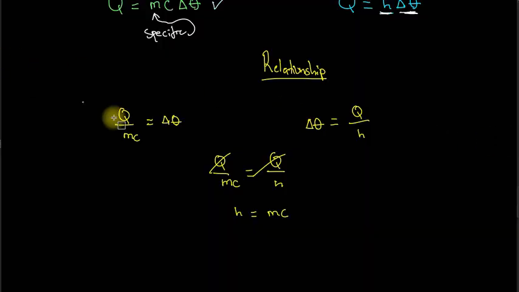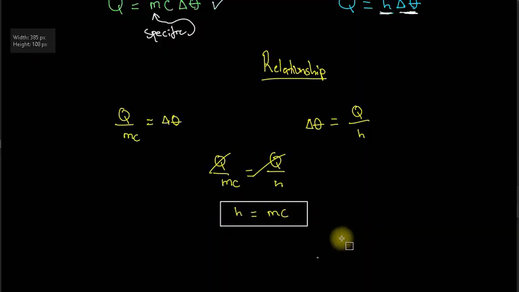Now take note of this formula as well. So H is equal to MC. What does this mean? It means that if you're asked to calculate heat capacity, you can calculate it from specific heat capacity. So heat capacity is equal to specific heat capacity times mass.